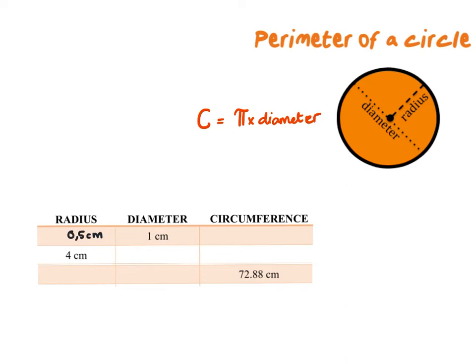You might have also come across the formula that says circumference is 2 times pi times radius. Remember that 2 radiuses make a diameter, and therefore these two formulas are exactly the same. If we would like to calculate the circumference of a circle with diameter of 1, all we need to do is multiply the diameter of 1 by pi.